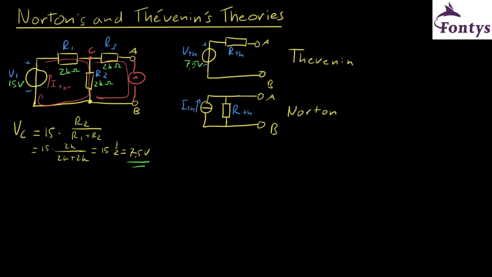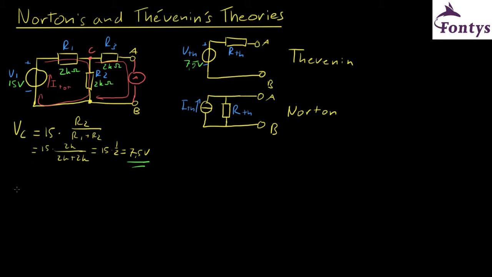And the total current is the voltage over the total resistance. As you can see right now, the total resistance is R1 plus R2 and R3 in parallel, since they are both connected to the same node. A and B are shorted, so A and B are connected, and B is connected with the negative side of the voltage supply. So R1 is in series with R2 and R3 in parallel.